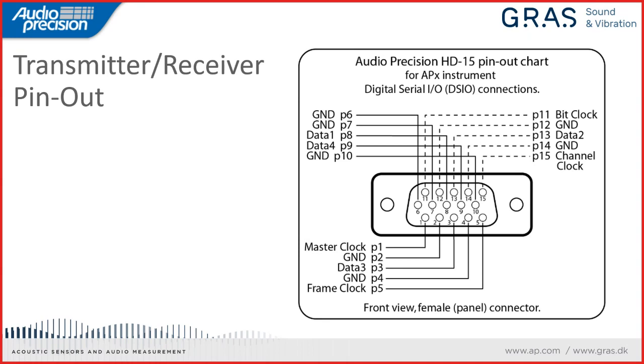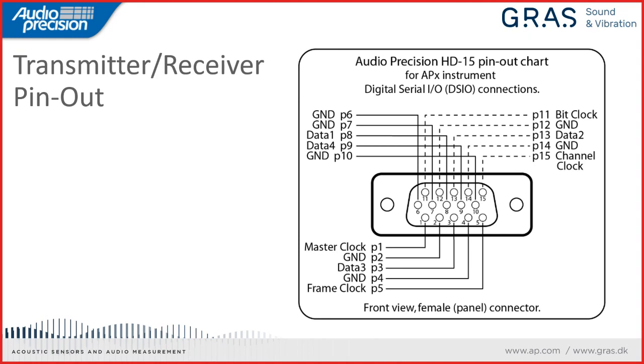Now we do use a non-standard connector for the DSIO interface. It's this HD15. We don't do that for any nefarious reason other than there's just a lot of pins and we need to get them on the connector. So we do in fact publish the pinout. HD15 connectors are of course pretty readily available.